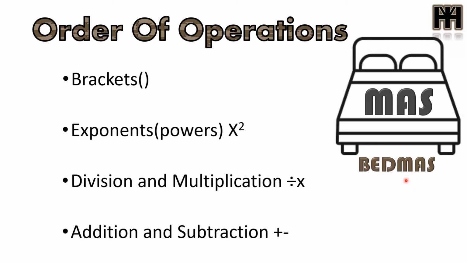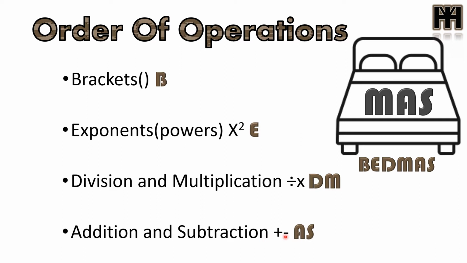We give it a shortcut, BEDMAS, where B is for the brackets, E is for the exponents, D and M are for the division and multiplication, and A and S are for the addition and subtraction.